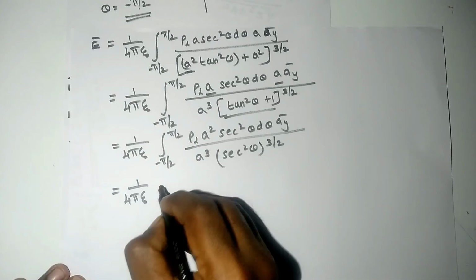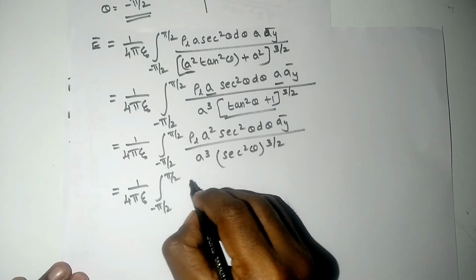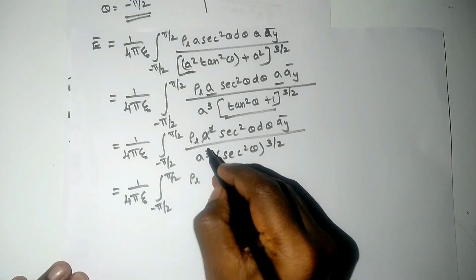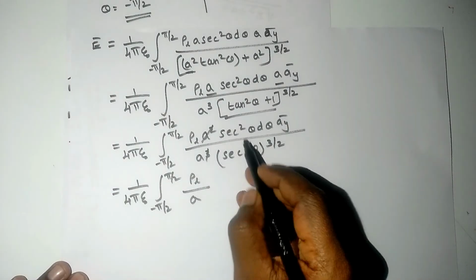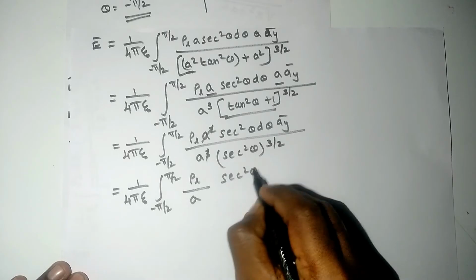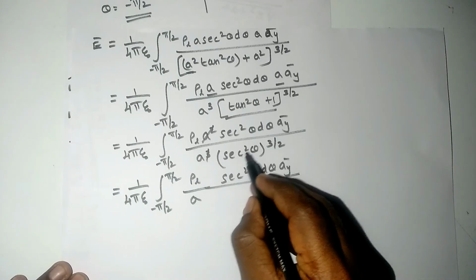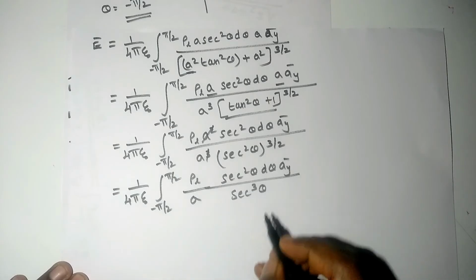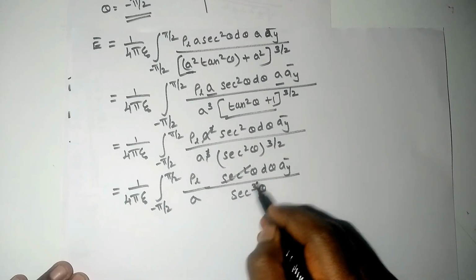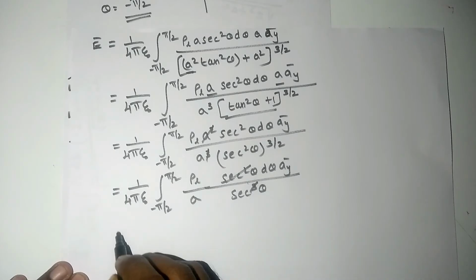This is again 1 by 4 pi epsilon 0 minus pi by 2 to plus pi by 2 rho L a square, and this term can be cancelled, so 1 by a, secant square theta d theta a_y divided by secant square theta the whole power 3 by 2, which will be equal to secant cube theta. So this one cancels, so this is 1 by secant theta.